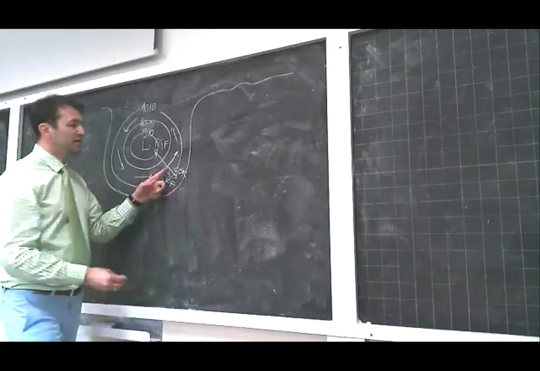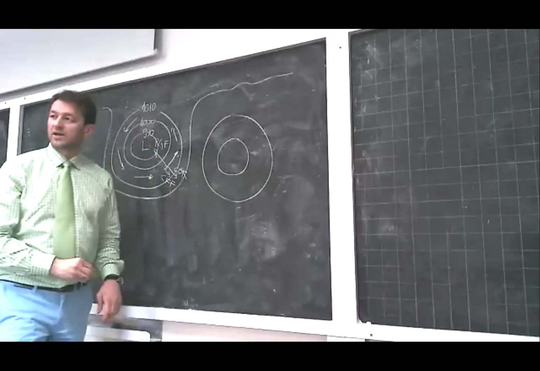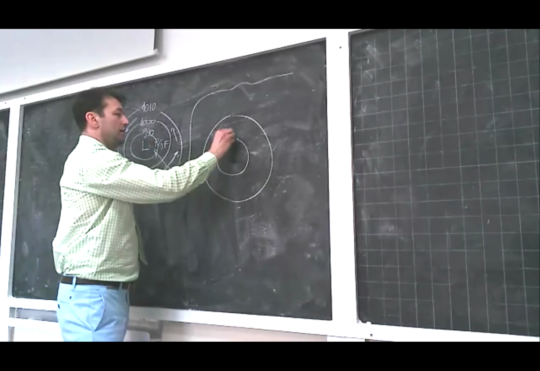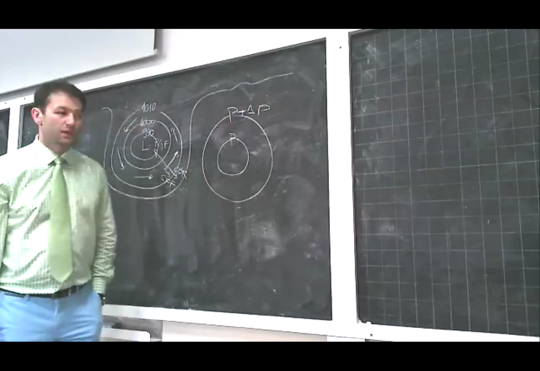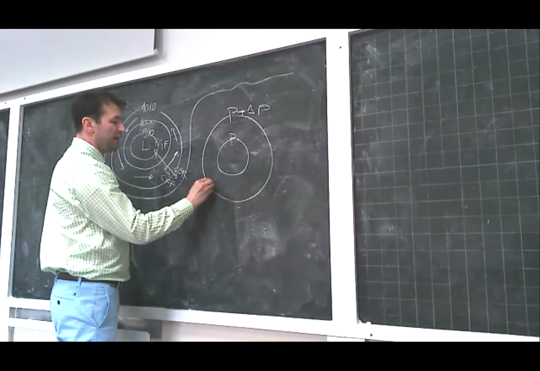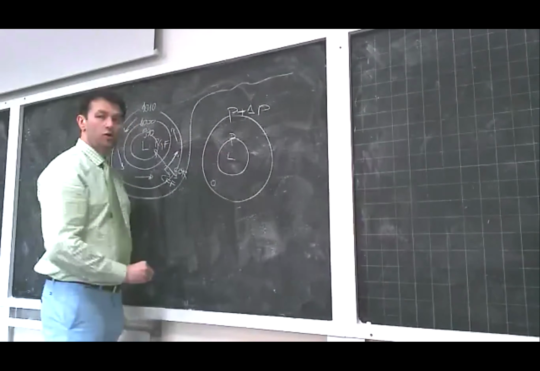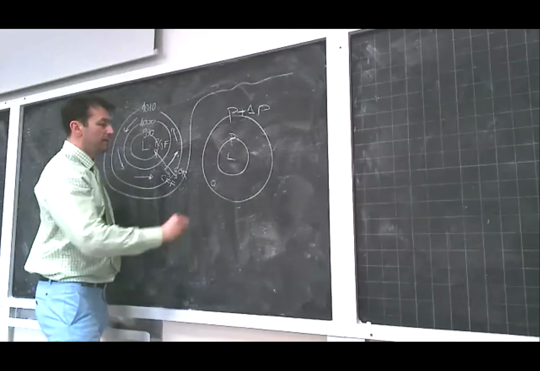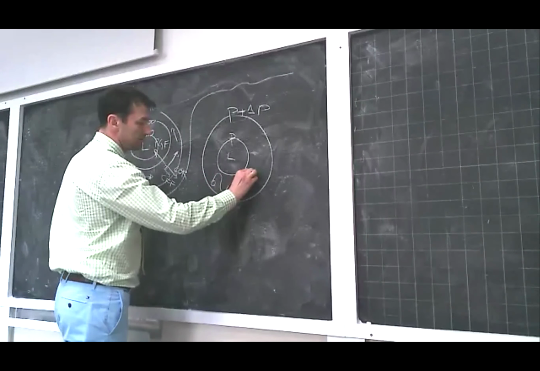Typically, let's just plot two isobars. Okay, here is P, here is P plus delta P. What will happen? This parcel of air will start moving towards low pressure. And then Coriolis force acts, and you get something like this.